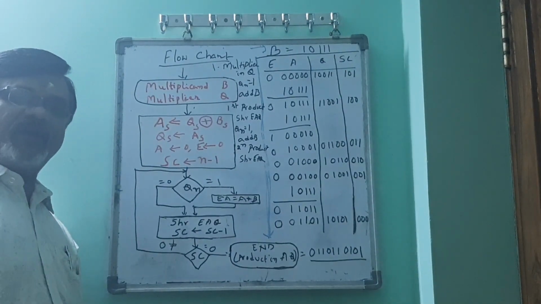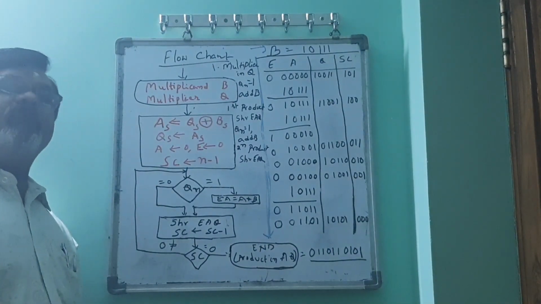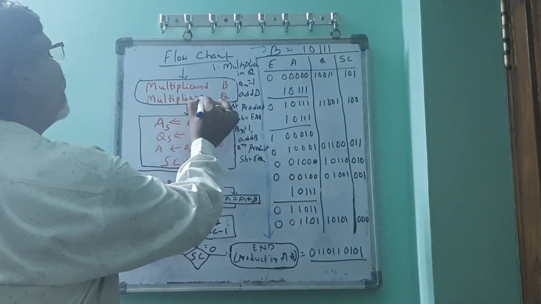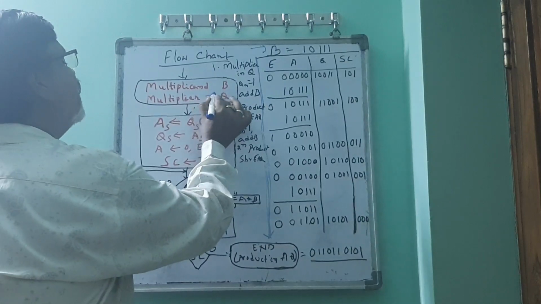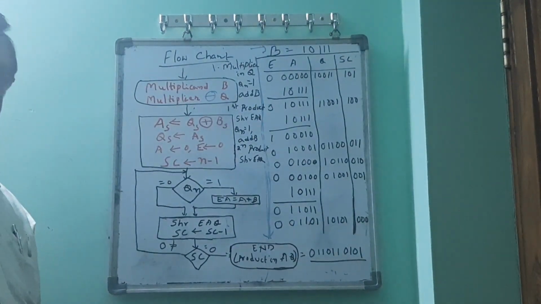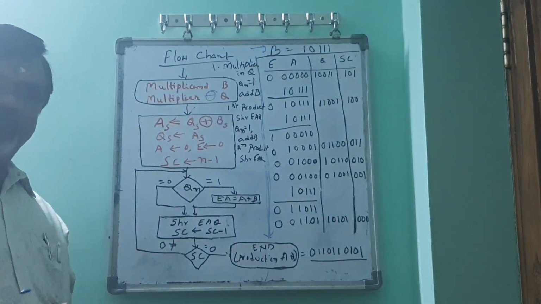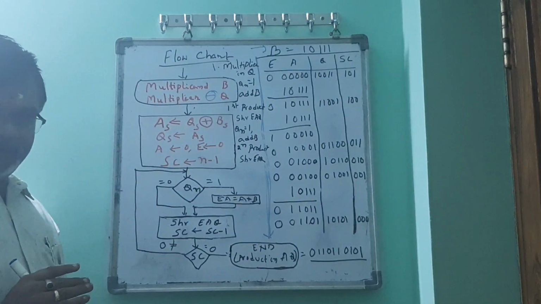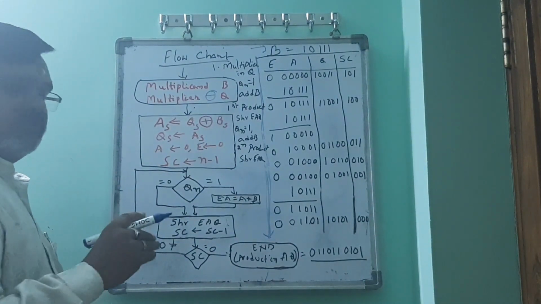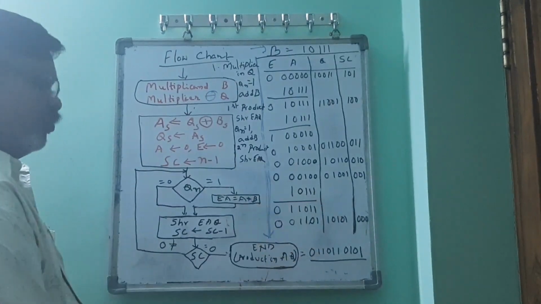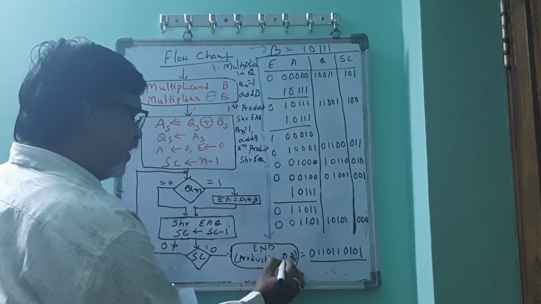That is one number we want to multiply. The second number is stored in Q. So now we are going to perform the multiplication between B and Q, and the result we are going to store in AQ.